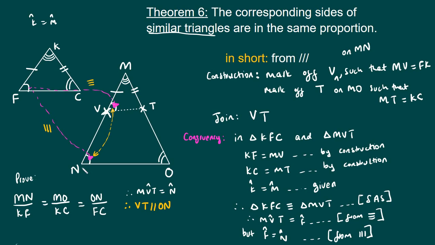So we say VT must be parallel to ON. Why? Because the corresponding angles are equal. If corresponding angles are equal, it means that the lines should be parallel.